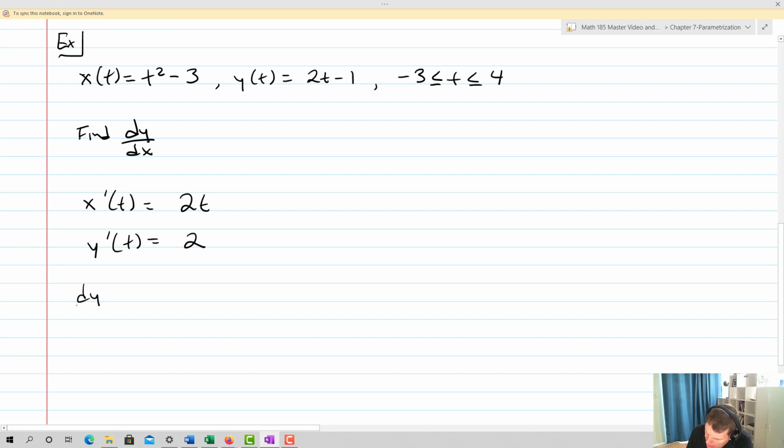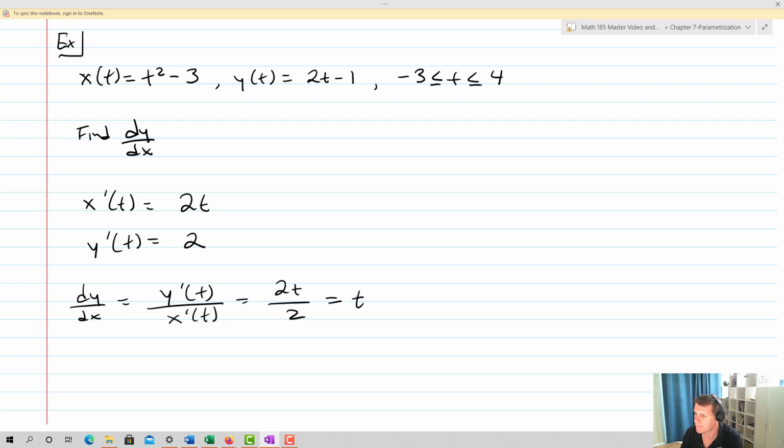So dy/dx is going to equal y prime of t over x prime of t, which simply equals 2 over 2t, which equals 1 over t. And that's the derivative of this parametric equation.